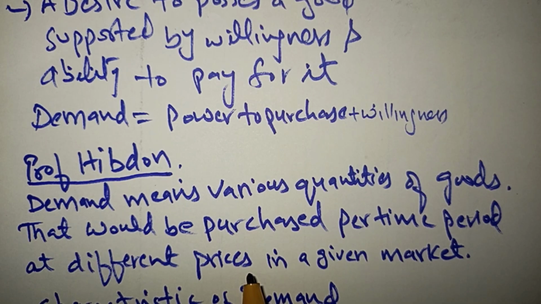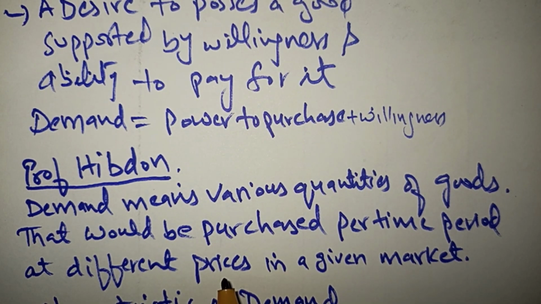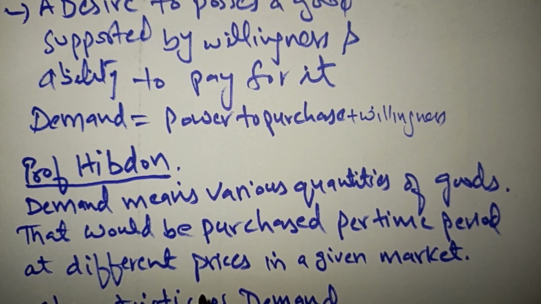So it is clear from the definition of Professor Hebden that demand is always related with the price and the time period. These both are very necessary to make a desire a demand.